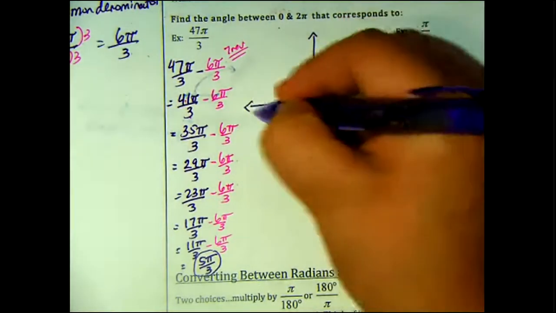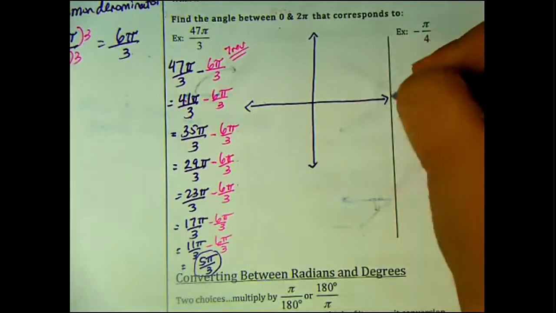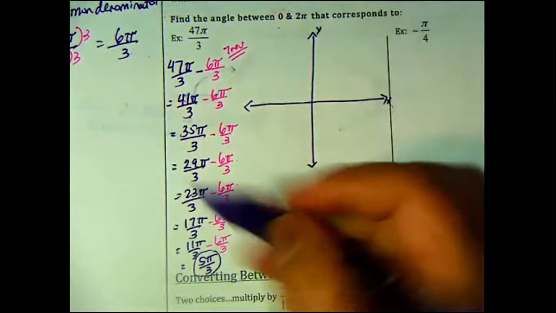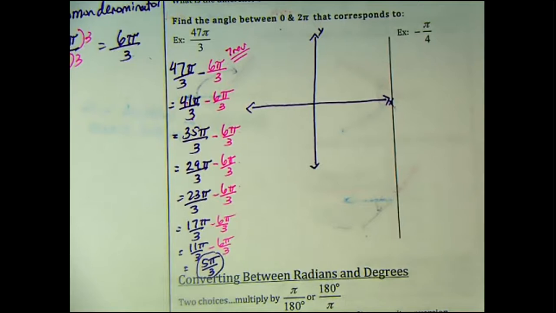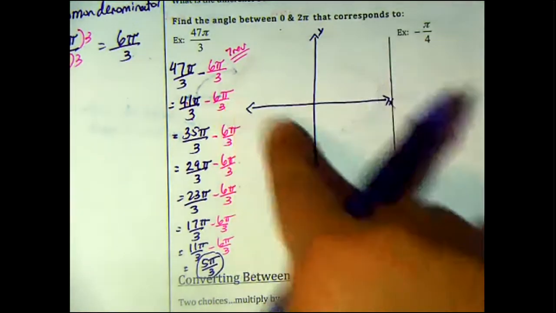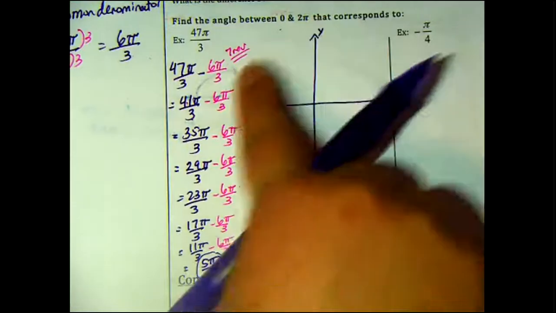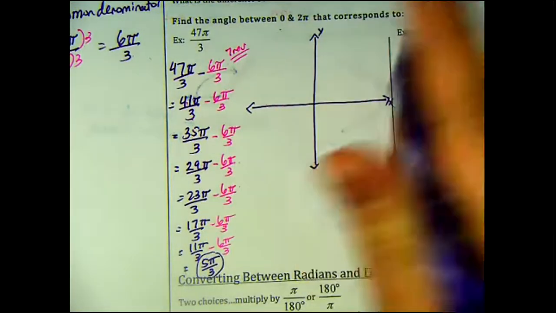Now, one of the difficulties that kids have when it comes to graphing radians is figuring out, okay, where does 5 pi over 3 actually go? Because I don't know, right? And what might help us is remembering what each one of these axes represents here.